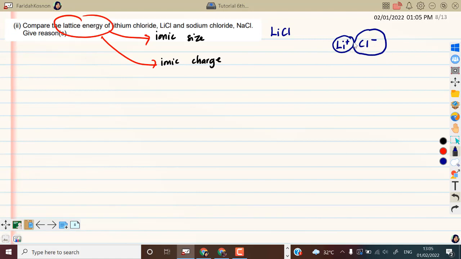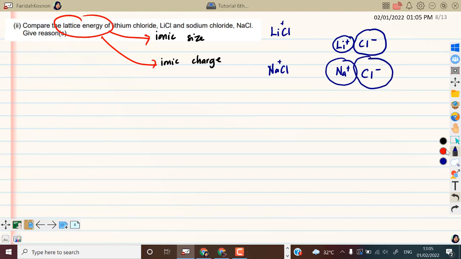Okay, kalau kita ada sodium chloride, dia ada sodium ion dengan chloride ion. Tetapi lithium ion and sodium ion ini, they are in the same group. Going down the group, the size of ions increases. Jadi kita boleh gambarkan bahawa size of sodium ion is larger than size of lithium ion.